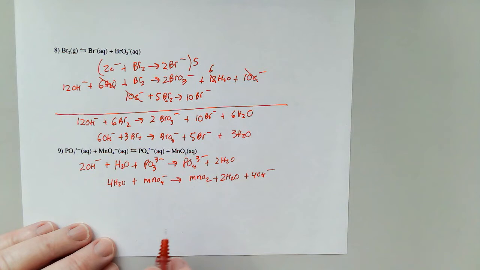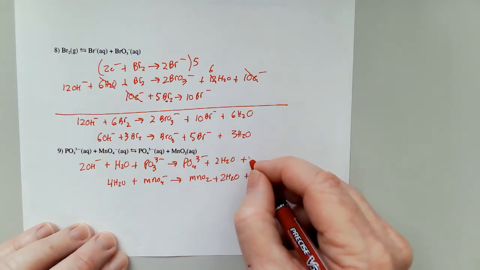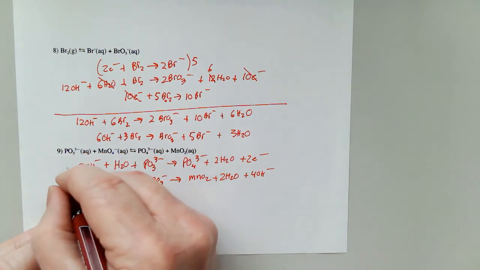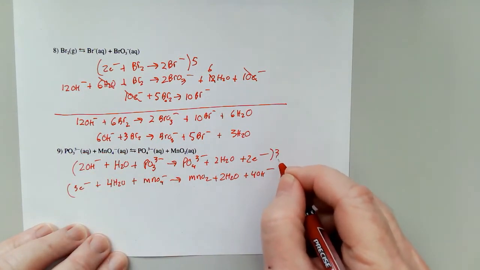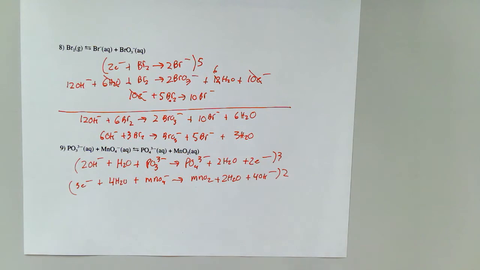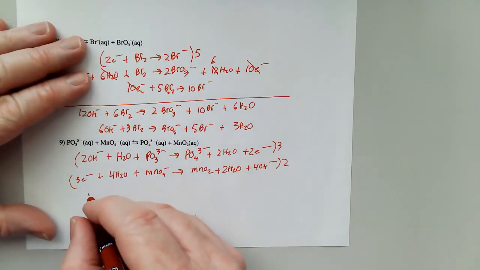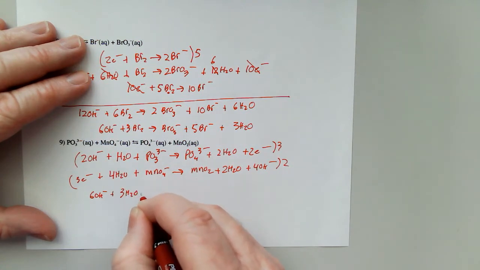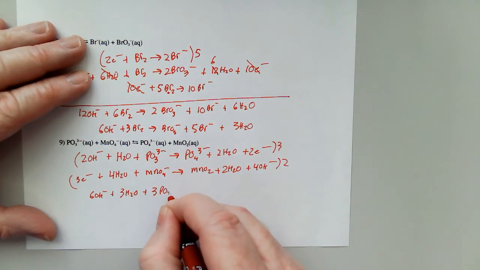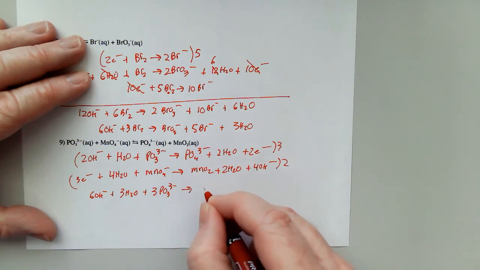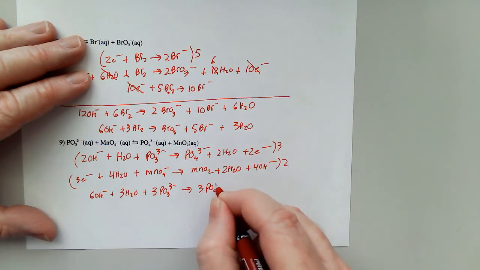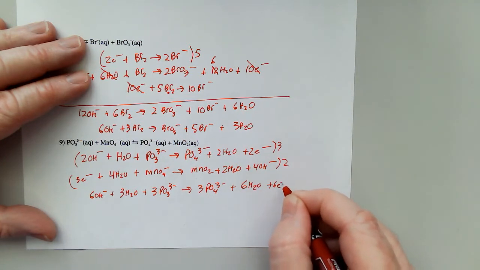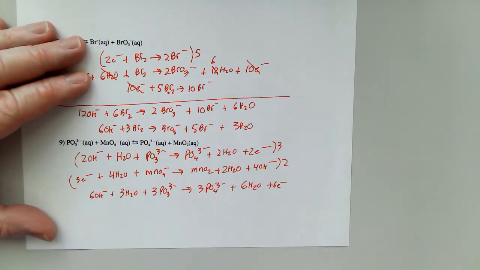2 minus and 3 minus, and over here 3 minus, so I'm going to add 2 electrons. 4 minus and 1 minus, I'm going to add 3 electrons. Multiply everything by 3, multiply everything by 2. So let's rewrite this. 6 OH minus plus 3 H2O plus 3 PO3 3 minus gives me 3 PO4 3 minus, 6 H2O, and 6 electrons.